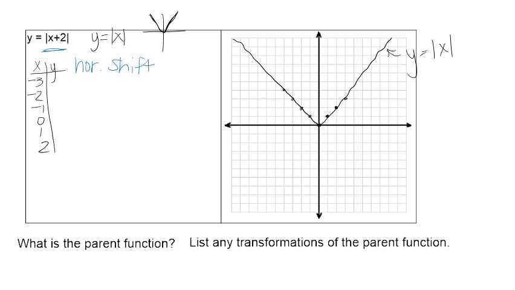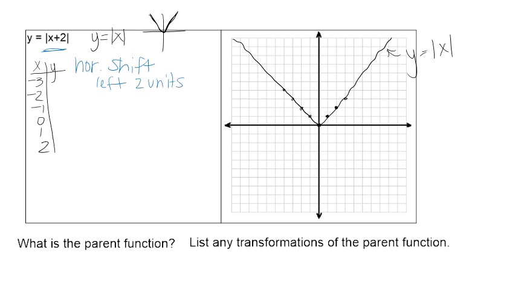If you go back and look at your Desmos activity from yesterday, the thing that happens with horizontal shifts is that we actually go in the opposite direction of what you think you should. In this case, this is plus 2, so we're actually going to shift to the left 2 units.